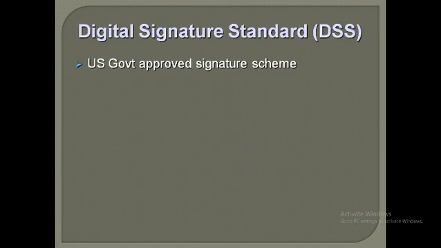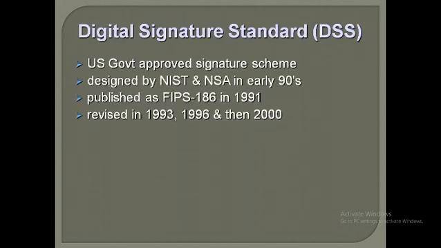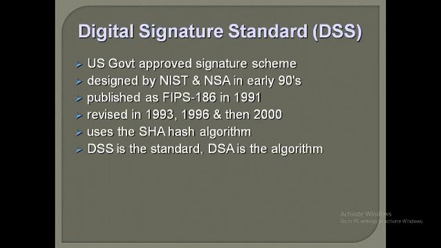Based on the ElGamal digital signatures, the Digital Signature Standard has been designed by NIST and the NSA, and it has been published and revised. One feature is that it uses the SHA hash algorithm, and DSS is the standard and DSA is the algorithm.